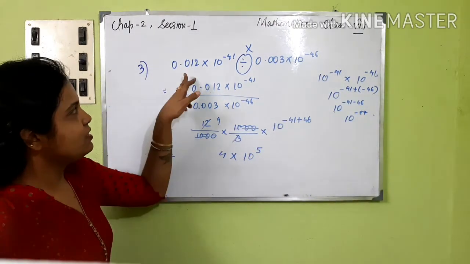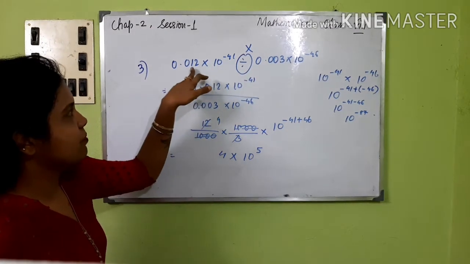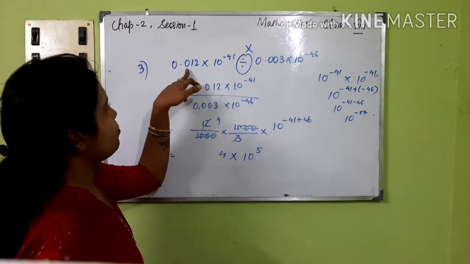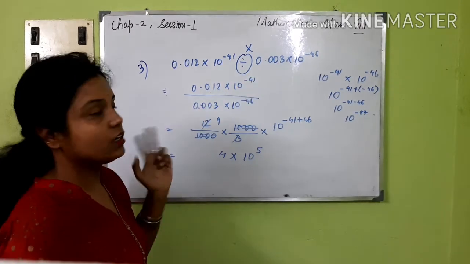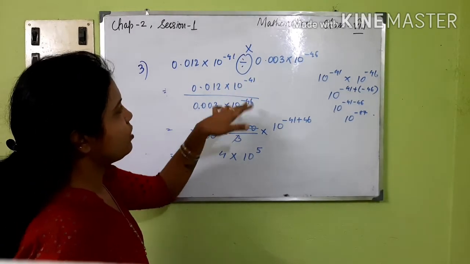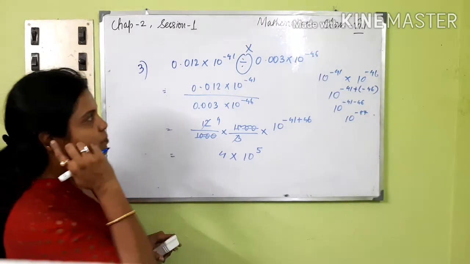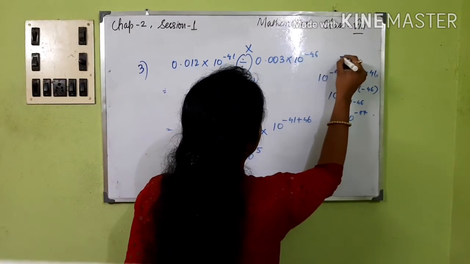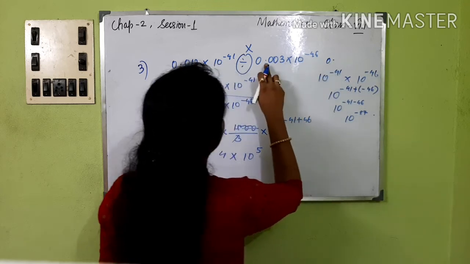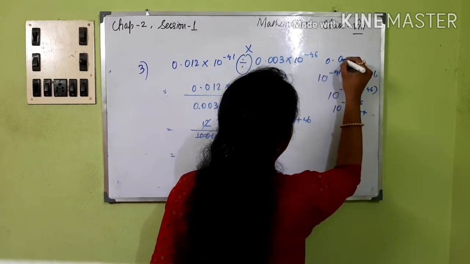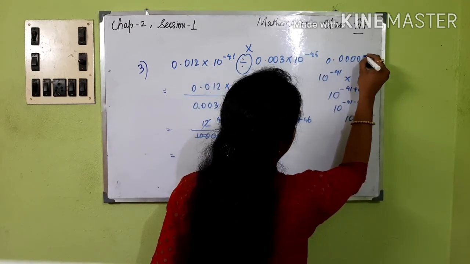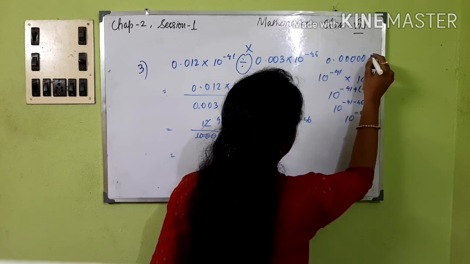So this is for the powers in multiplication. And here it will be whatever the multiplication comes to. This is coming to 0.012 times 3, which is 36, as you know. And here the power will change. Suppose here it is coming to 0. How many zeros? That means 1, 2, 3, 4, 5, 6.